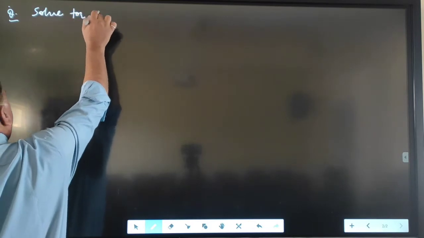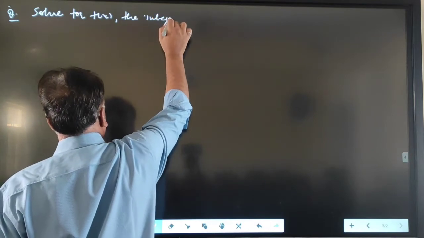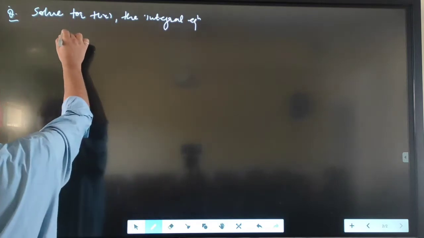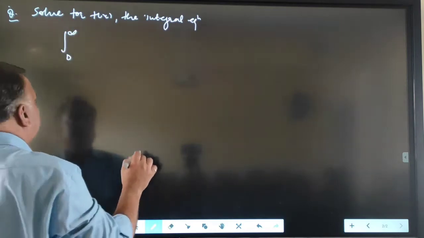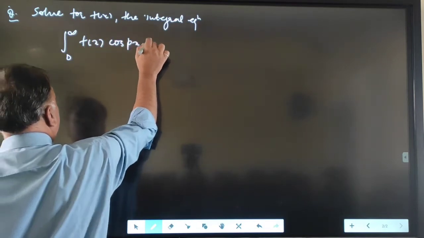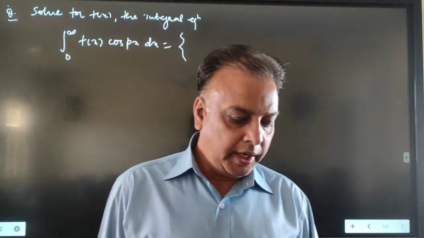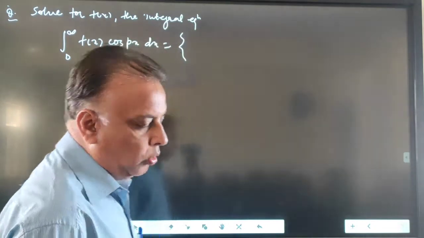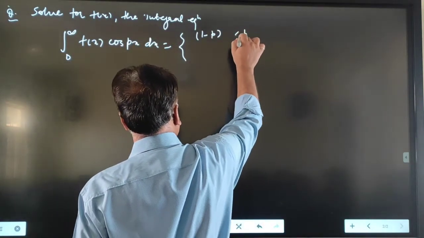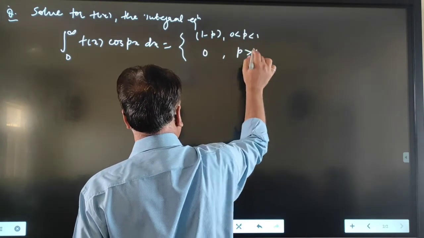Solve for f(x) the integral equation: integral 0 to infinity f(x) cos px dx is equal to 1 minus p if p lies between 0 and 1, and this is 0 if p is greater than 1.